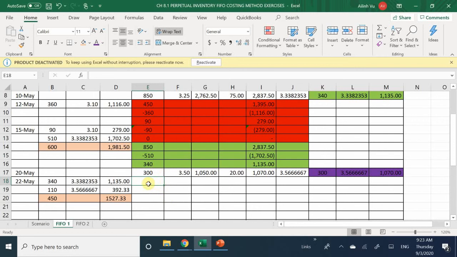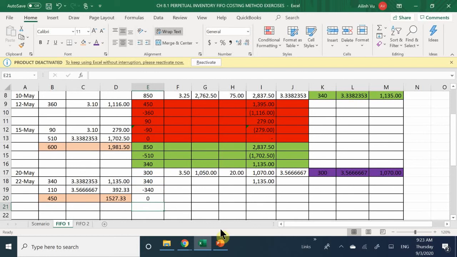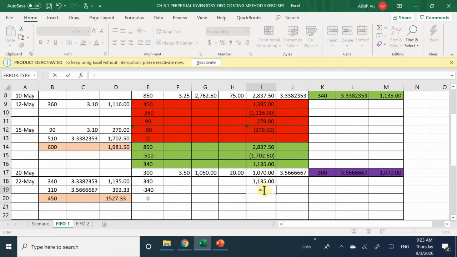So in this case, I'm going to grab my green batch of 340. And I'm going to copy the information down here. And I'm going to zero it out because I sold the entire 340. So therefore, my amount comes to 0. Same thing over here. We're going to indicate that we sold the total of 1135.